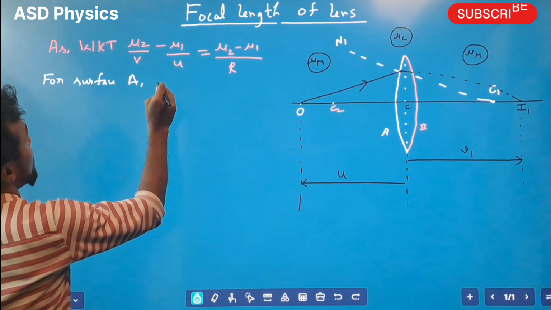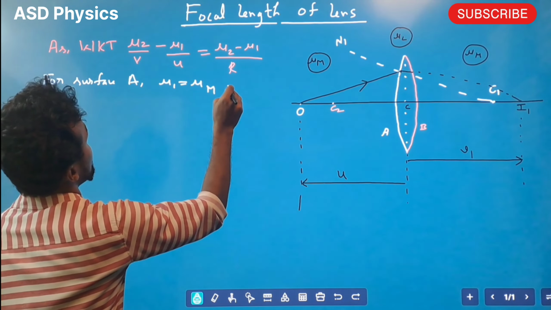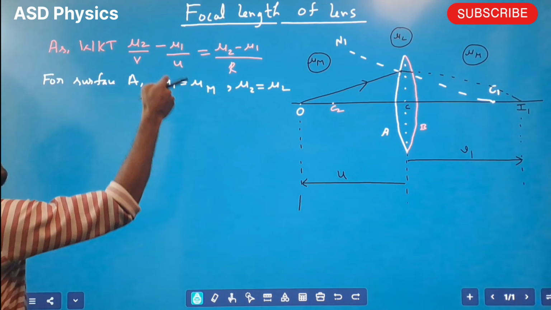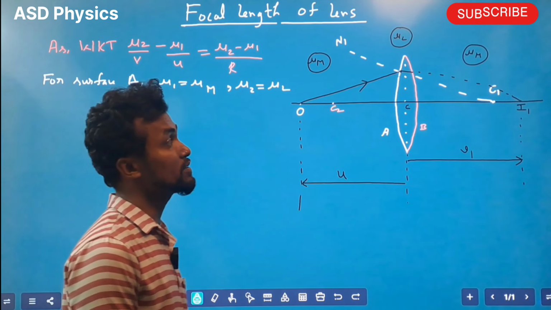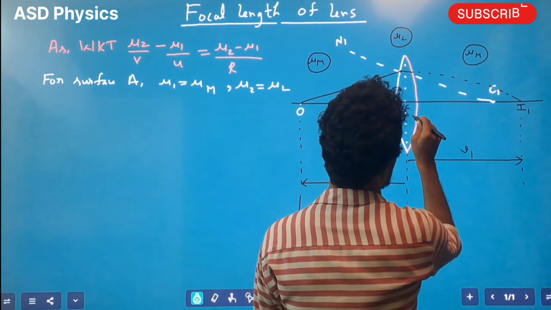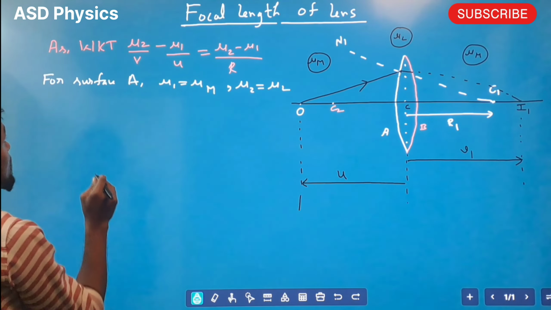So mu1 is mu m and mu2 is mu l. And the radius of curvature of the first surface is R1. So let's use this in the formula.